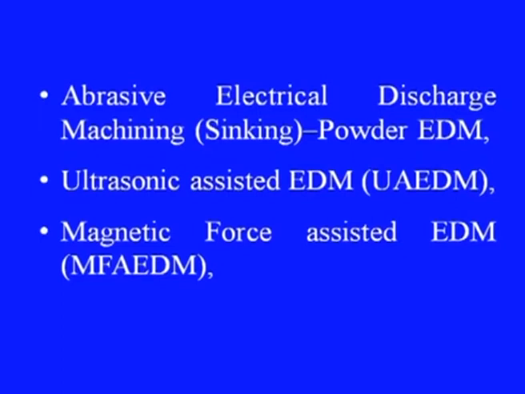Some of these include abrasive electrical discharge machining, that is also called sinking or powder EDM, then ultrasonic assisted EDM, in short called UAEDM, then magnetic force assisted EDM, in short known as MFA-EDM, then electrochemical discharge machining, this we will discuss in detail, then abrasive electrical discharge grinding, AEDG, etc.